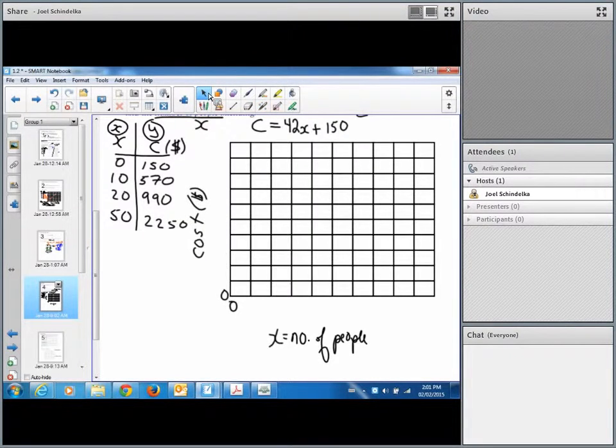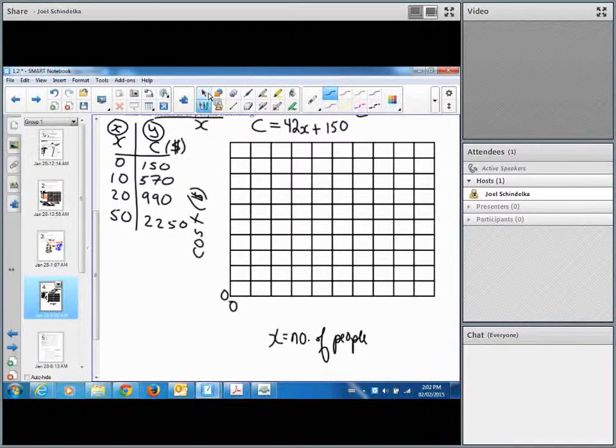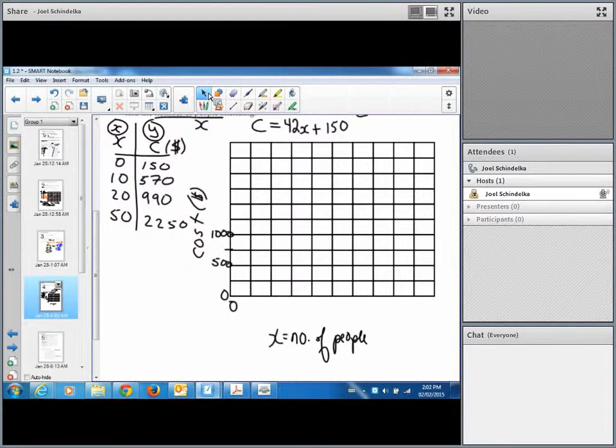Half of 1,250, and then 1,250 divided by 5 is 250s. Let's go up by 250s. So 250, 500, 750, 1,000, that over so it fits.